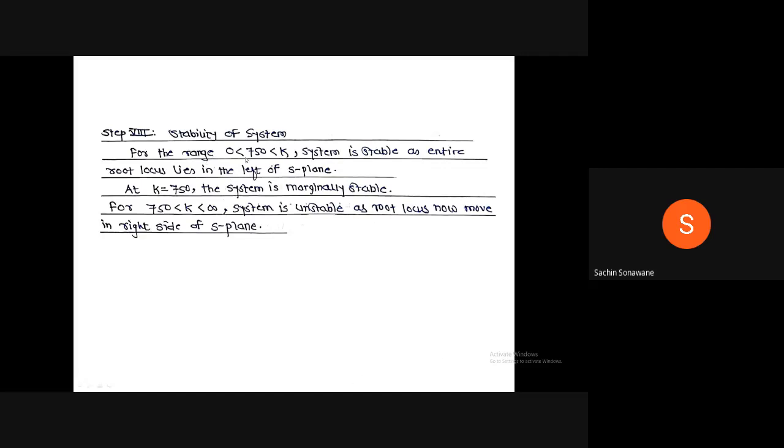For the range 0 less than k less than 750, system is stable as the entire root locus lies in the left of S plane. At k is equal to 750, the system is marginally stable. For 750 less than k less than infinity, system is unstable as root locus now moves in right side of S plane.